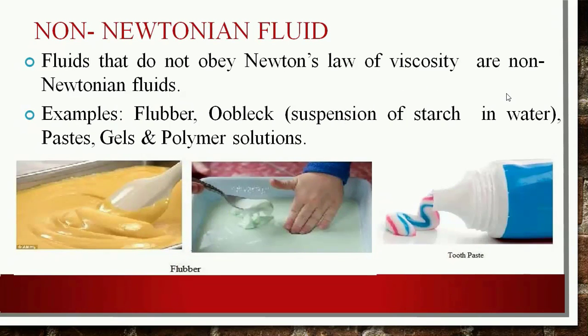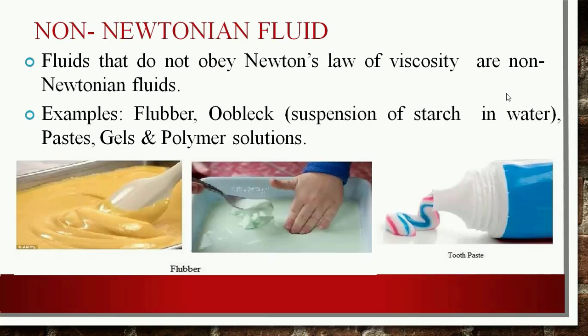The next type of fluid is non-Newtonian fluid. Simply, non-Newtonian means fluids that do not obey Newton's law of viscosity. Examples: blood, suspension of starch in water, paste, gels and polymer solutions. Basically, there are 2 types of fluid in this category.